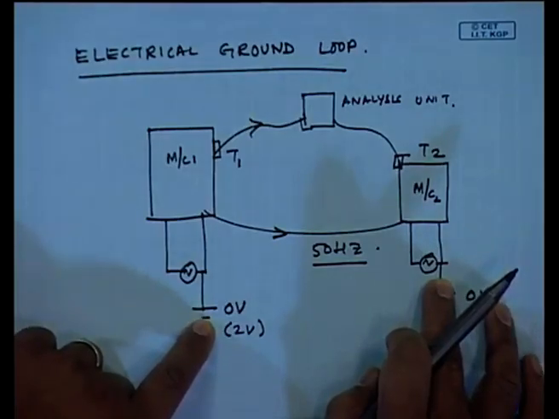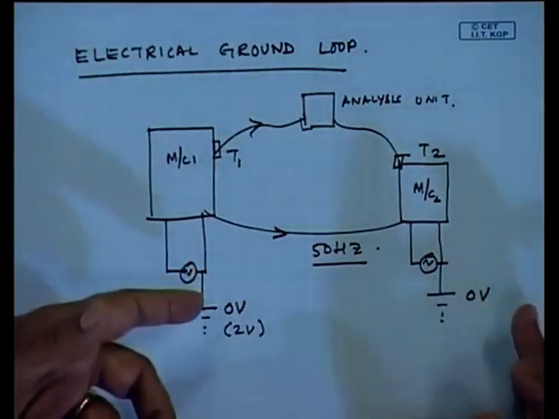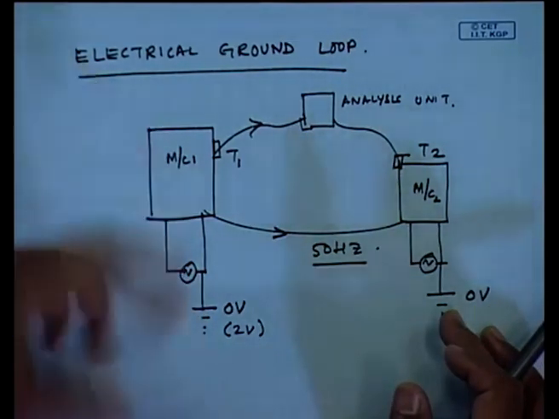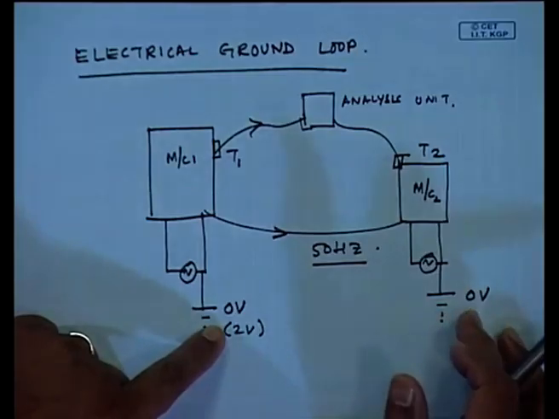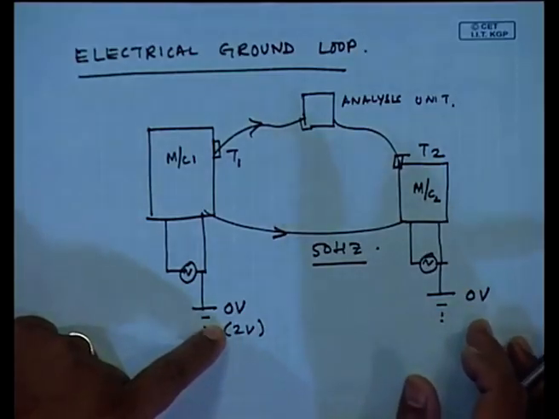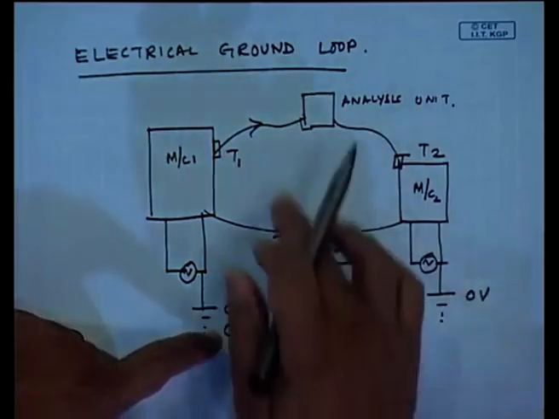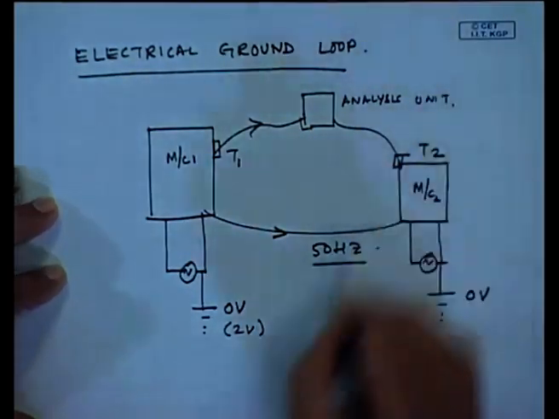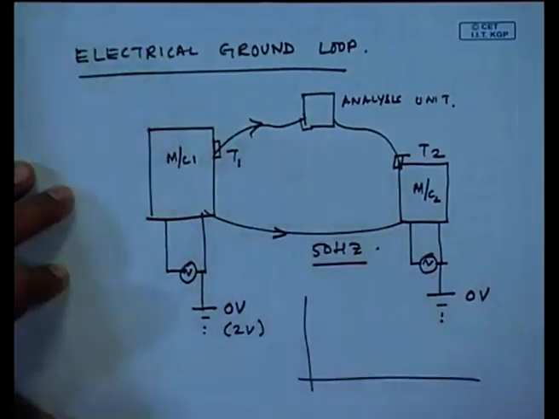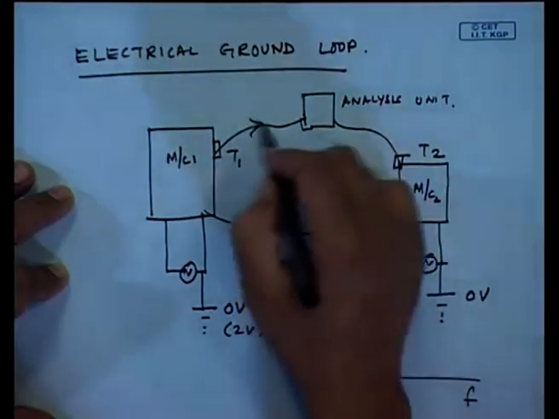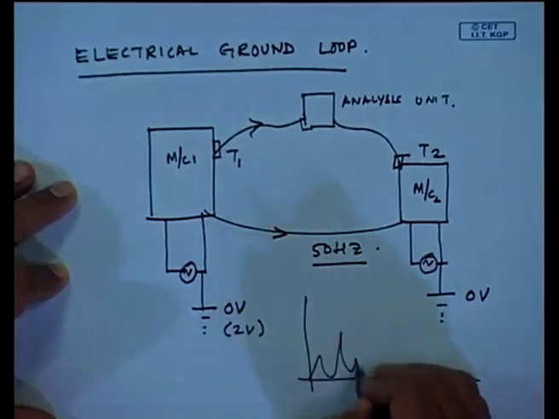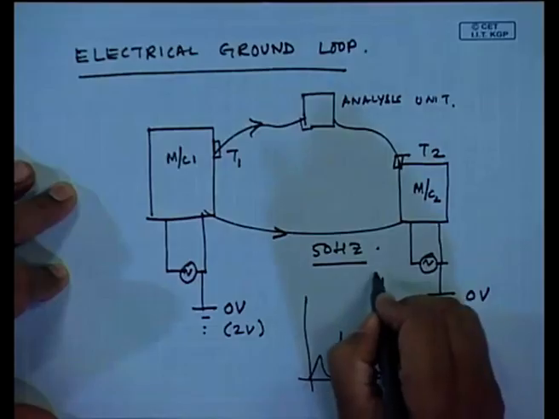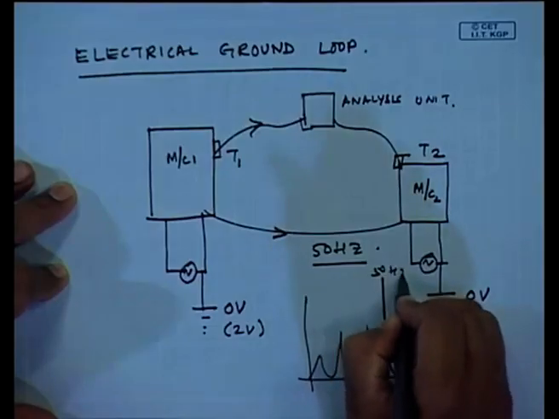We may very notionally say, well, they are all at the same ground, but in real life, between rooms, you would have seen one is not at perfect ground, that is perfect earthing. Even if 2 volts is there, this is large enough for a current to flow, and whenever we do the analysis in the frequency domain, you may be doing vibration measurements, all the vibration measurements will come, but there will be a strong 50 hertz signal.